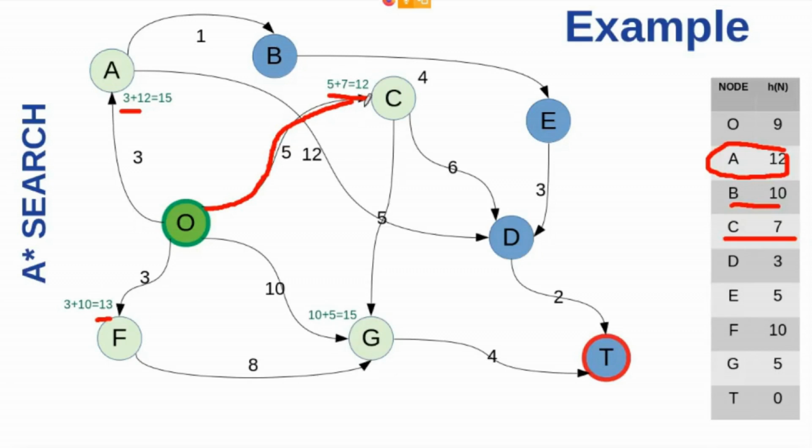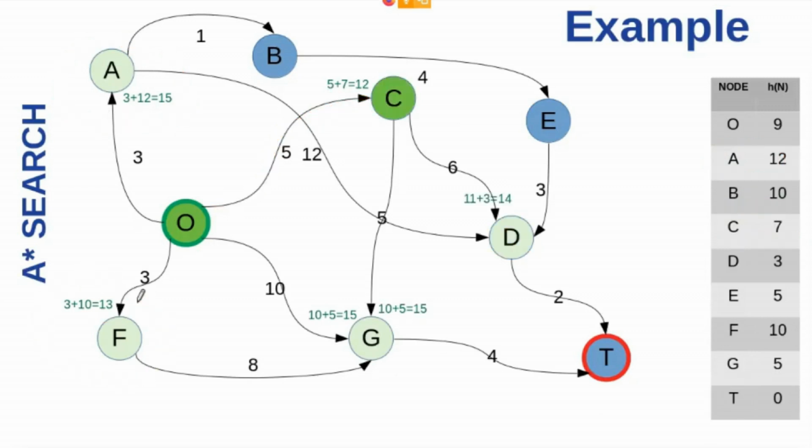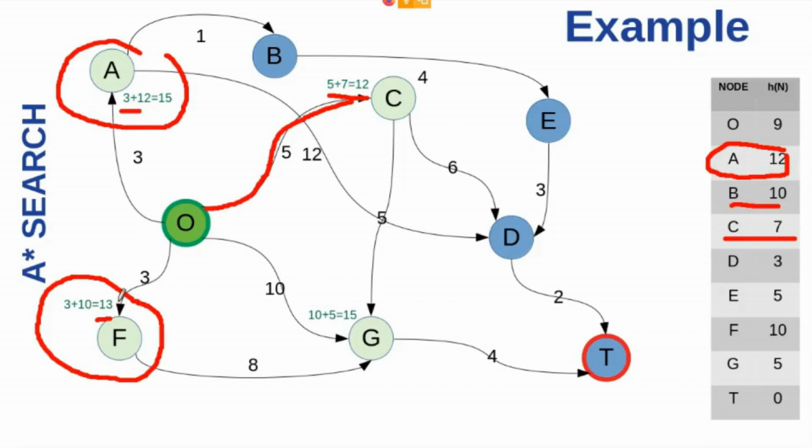As a difference from the Dijkstra algorithm, as you can see here, this node and these nodes are not considered at the first stage. Why? Just because these heuristics and these heuristics both have increased the final value, as you can see here, the final cost of going from O to A or from O to F, right?